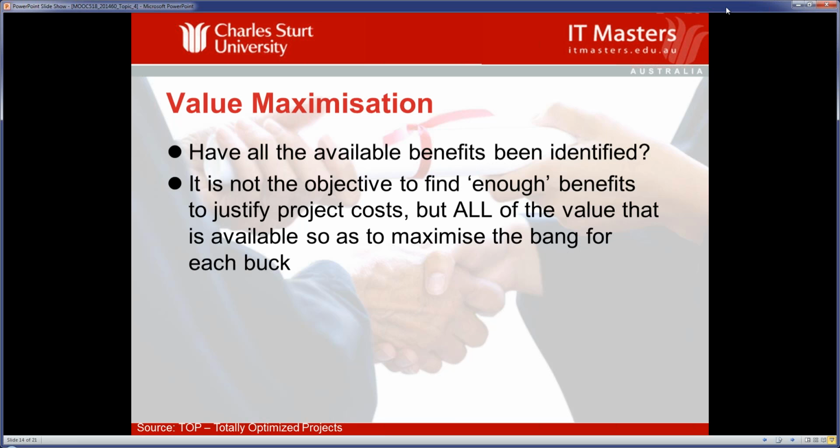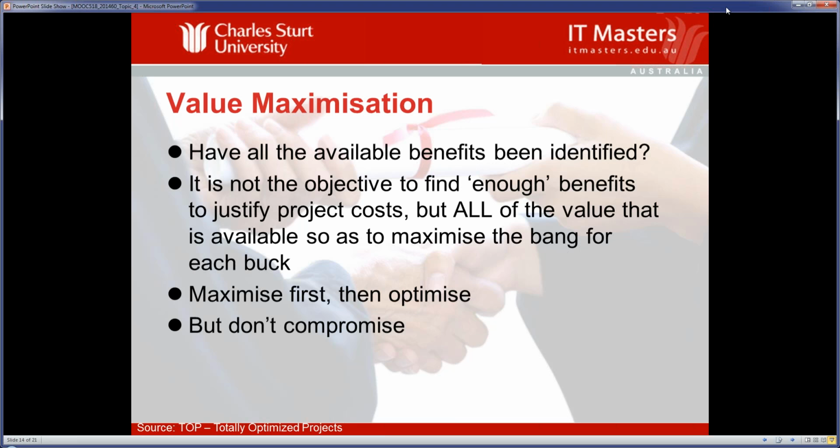What we're trying to say here is it's not to find enough to justify it, but to get all of them, to get the best bang for bucks as we work through, as I've said before. The key here is to maximise, find as many benefits and associated value as possible. Then, of course, we optimise as we go through. One thing we don't do is compromise. In other words, we don't compromise the value, we don't compromise our analysis of these particular benefits.